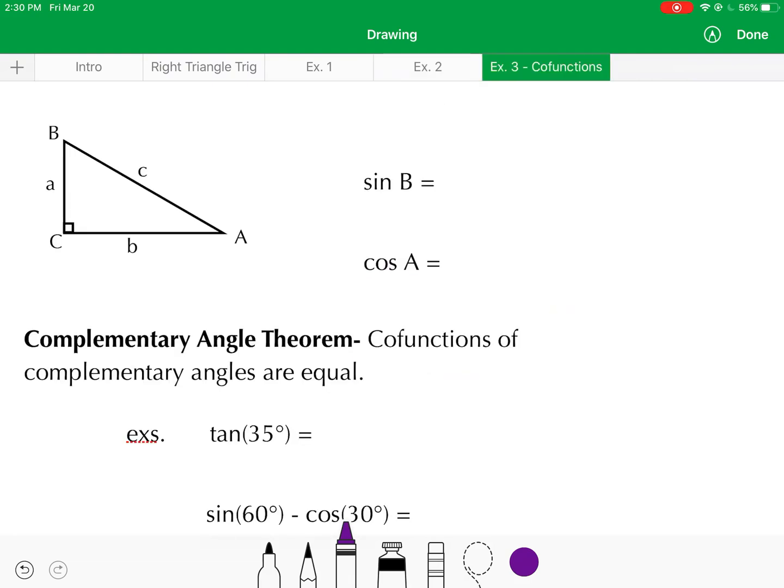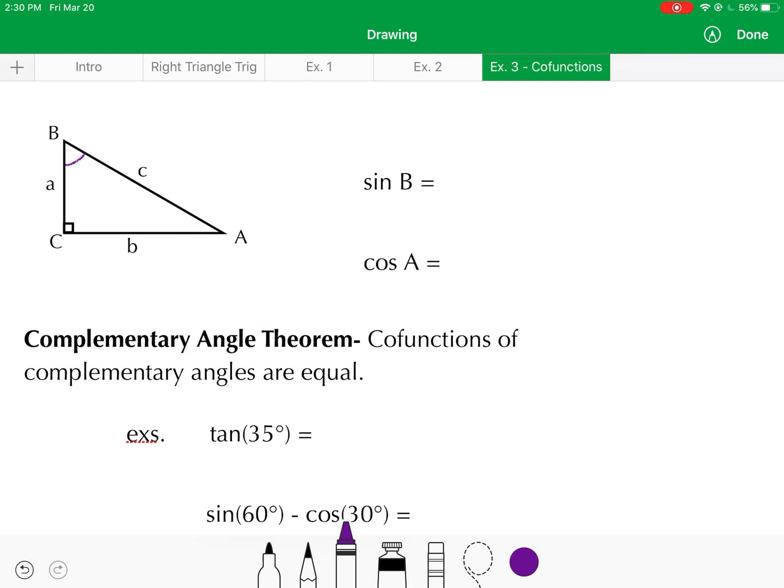Okay. Last example here. So this is going to bring in the idea of co-functions. All right. So take the picture that's to the left there and notice I'm trying to find first sine of angle B. This is angle B right here.